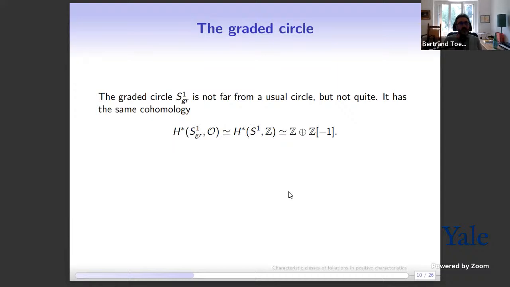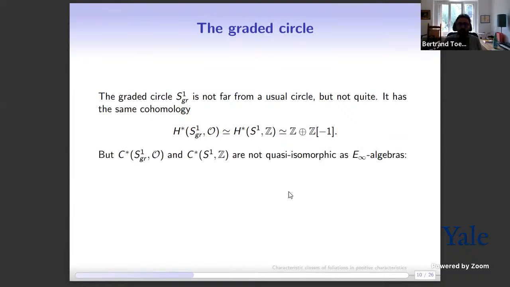But at the level of chain complexes, this is not true. If I look at the chain complexes endowed with their E infinity algebra structure, these two things are not quasi-isomorphic. So the cohomology of the usual circle and the cohomology of this graded circle are not the same.